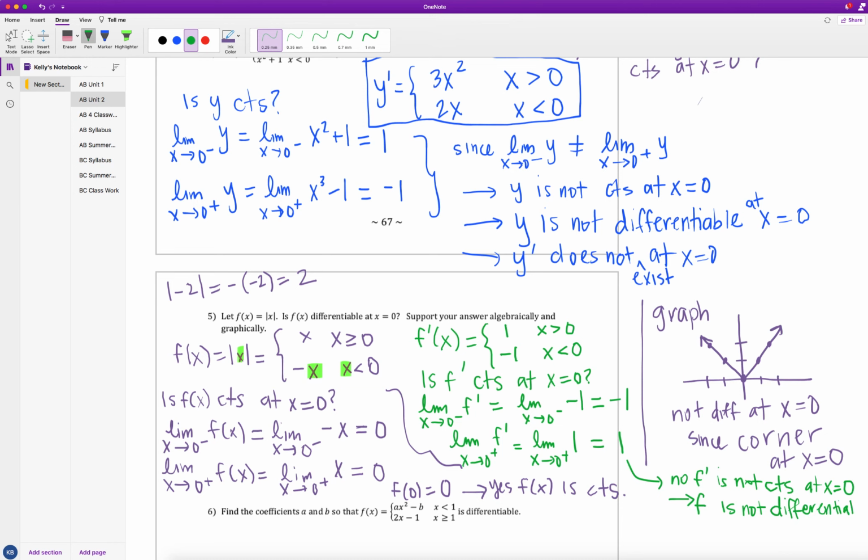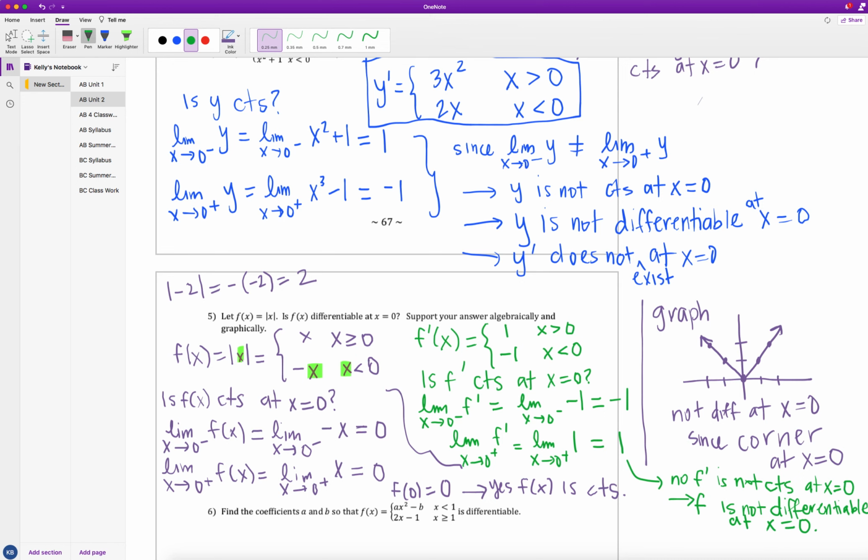Sorry, I don't know why the pen is acting up so much. There we go. So since f prime is not continuous at x equals 0, f is then not differentiable at x equals 0.